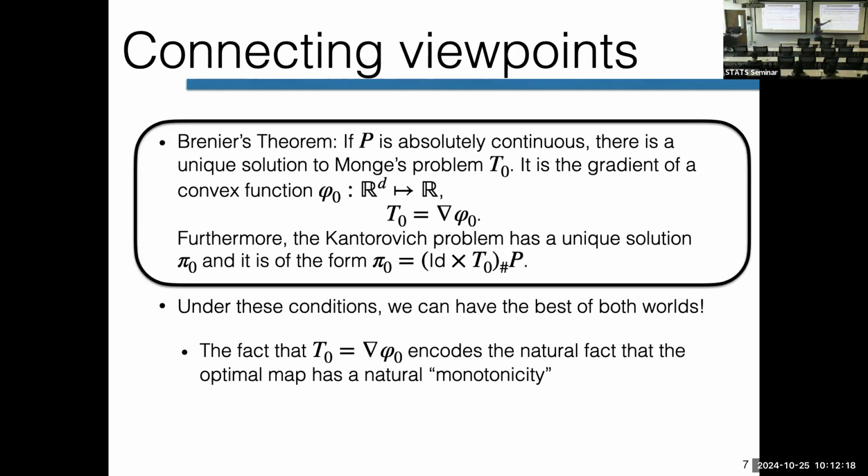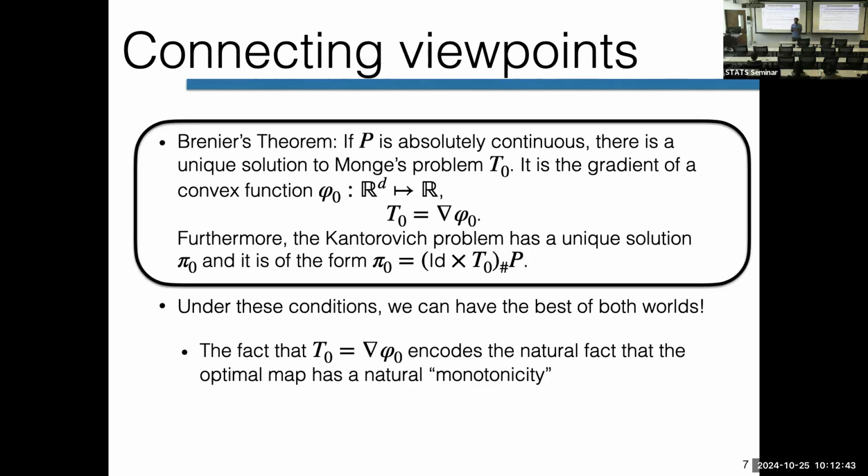And for some intuition, the map will always be the gradient of a convex function. This is encoding for you some sort of monotonicity. If you think about it in 1D, the gradient of a convex function is an increasing function. So it's telling you that your map will never take a point from here and move it there and then move some other point to cross over. It will never do something suboptimal in some sense.